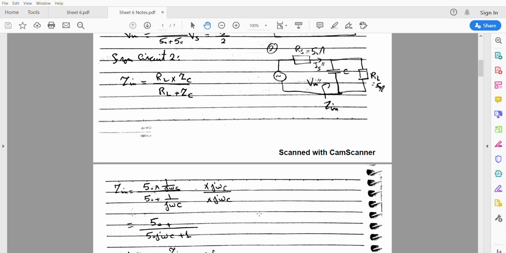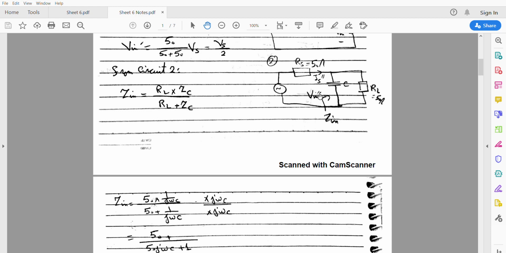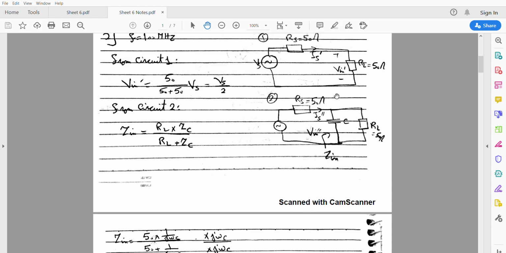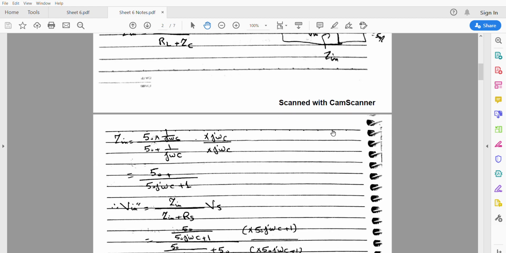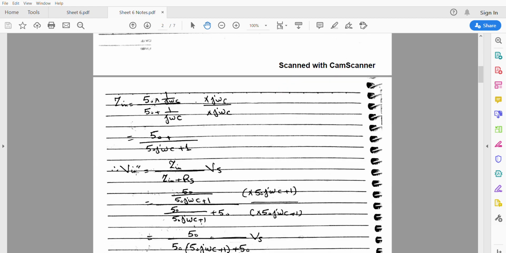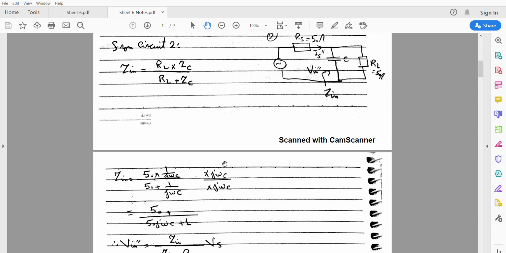Now we need to define a relation between V input double dash and V input dash, in which the output voltage decreased by 20 dB after adding this capacitor. So we find V input double dash by using voltage division from here. Now we get the equivalent resistance, in which these two are parallel. We combine them and get the input impedance equal to this value, and we have a source resistance equal to 50 ohm.